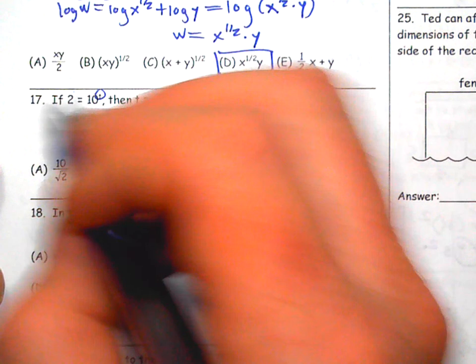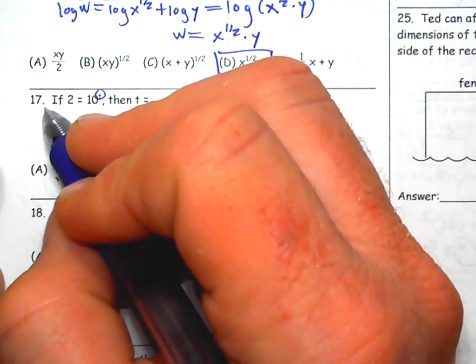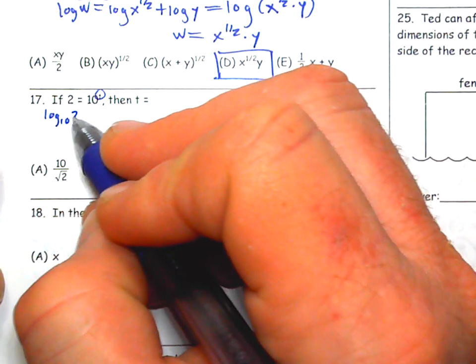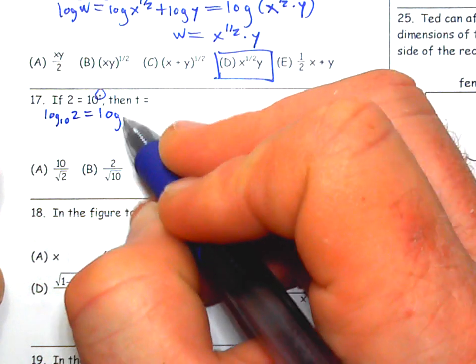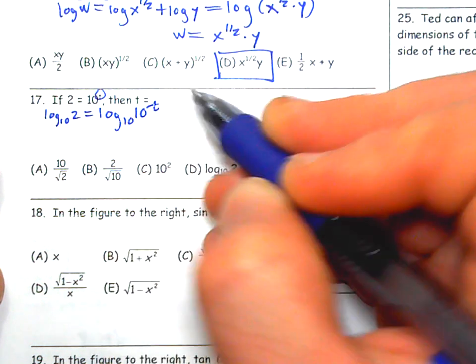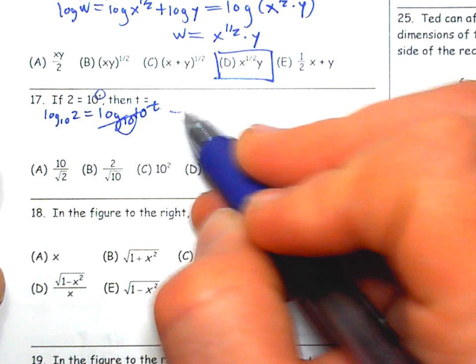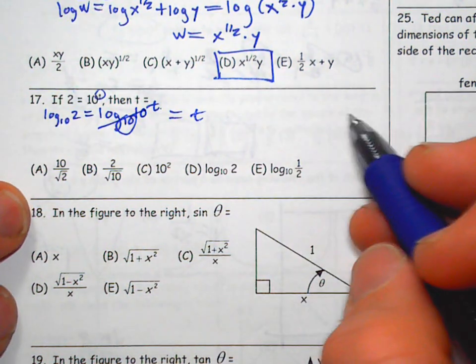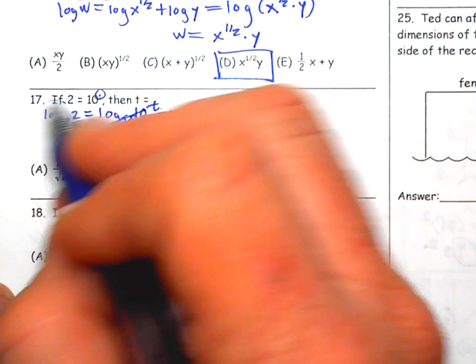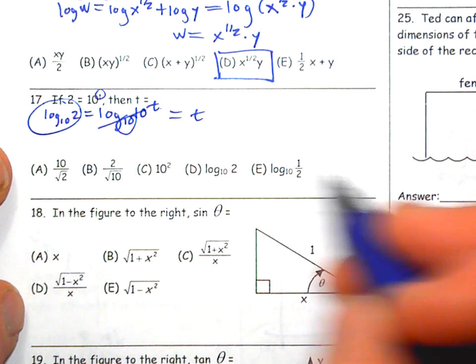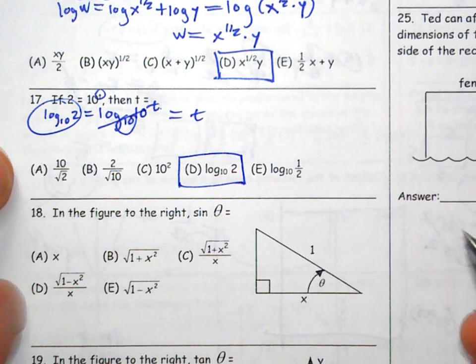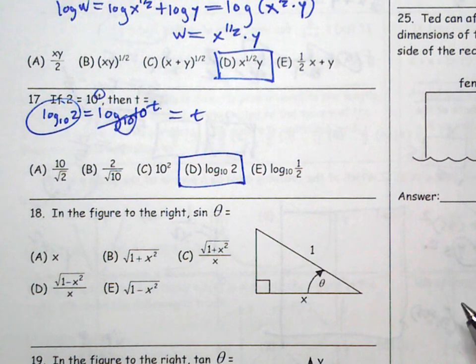So any log, but if you look at the answers, you have log base 10. So you could do log base 10 of 2 equals log base 10 of 10 to the t. And this is asking, what do I raise 10 to get 10 to the t? Well, it's going to be t. They undo each other. So there's this answer. Now look on here, and there it is. Okay, so there we go.